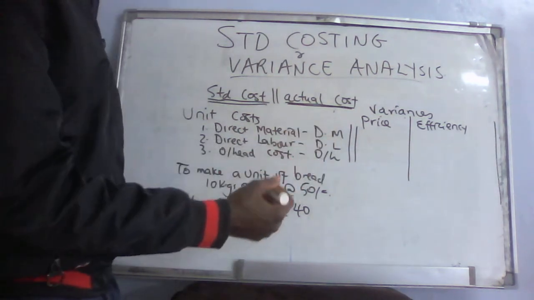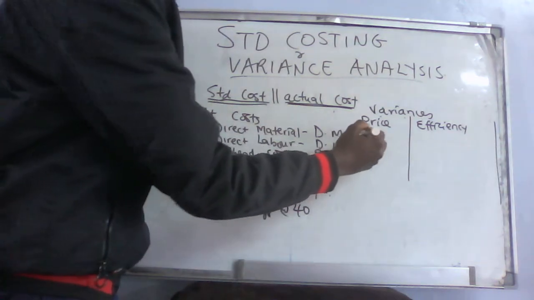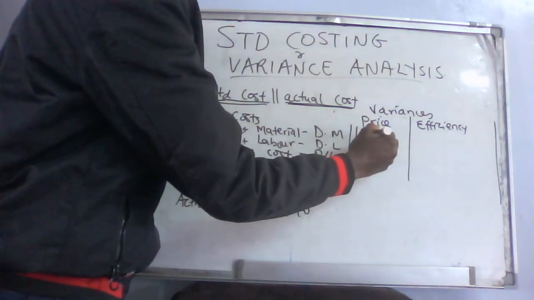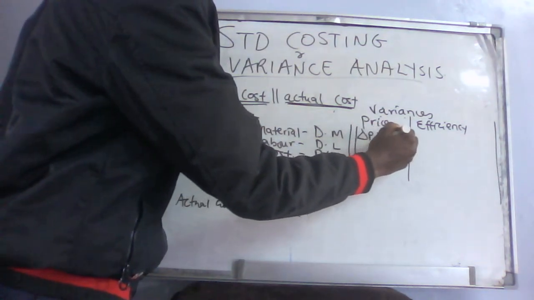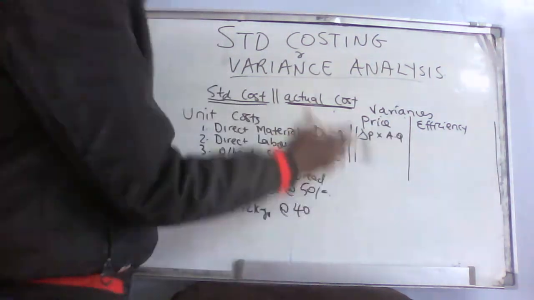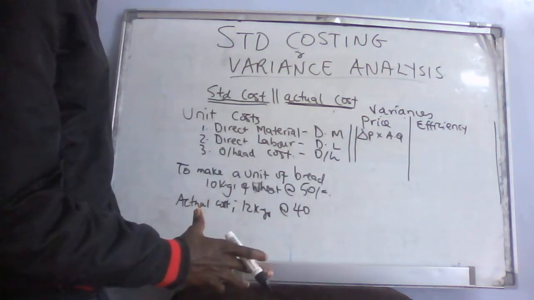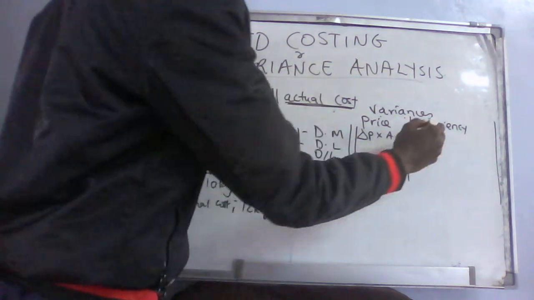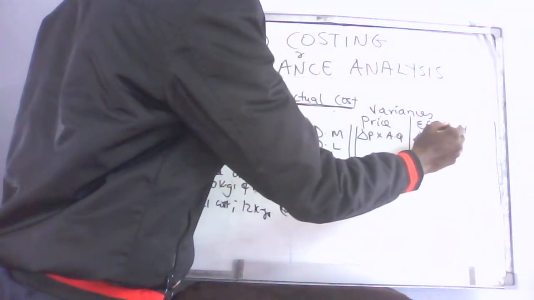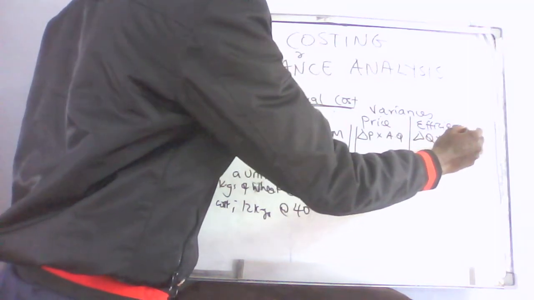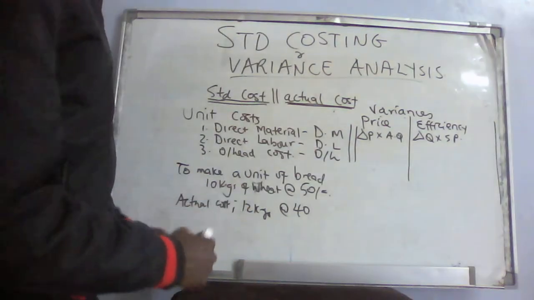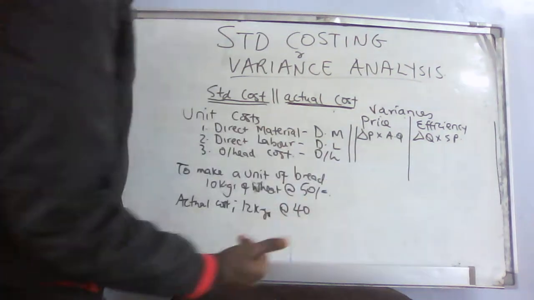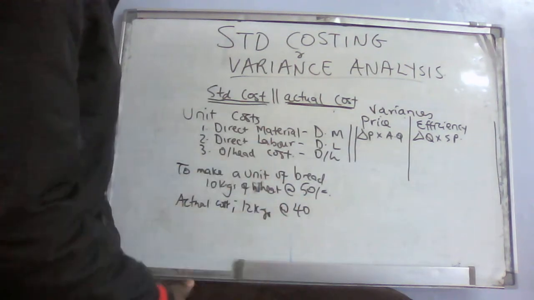For all price variances, we do change in price times actual quantity. For all efficiency variances, it is change in quantity times standard price. Okay. So if you get this right, then you finish this lesson.